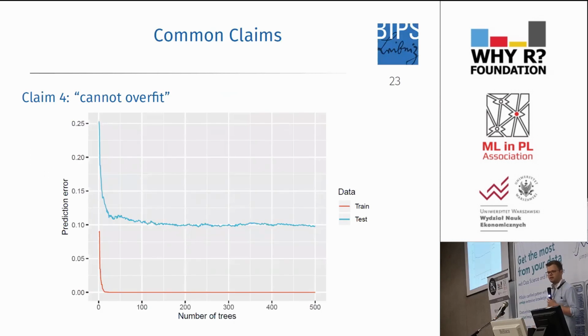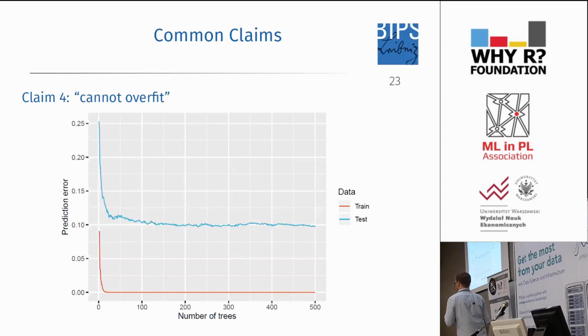And I did again a small simulation. So you see the prediction error, you see the number of trees, and this one here is the training error, and this is the testing error on independent data.